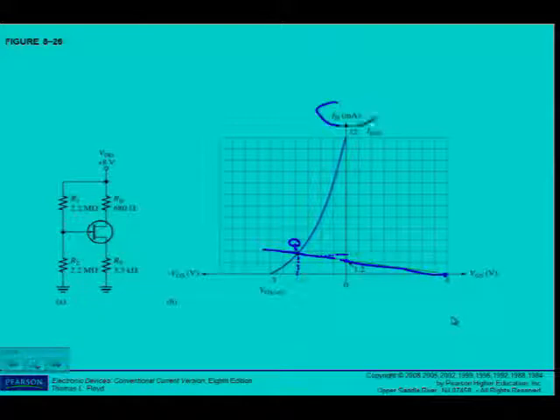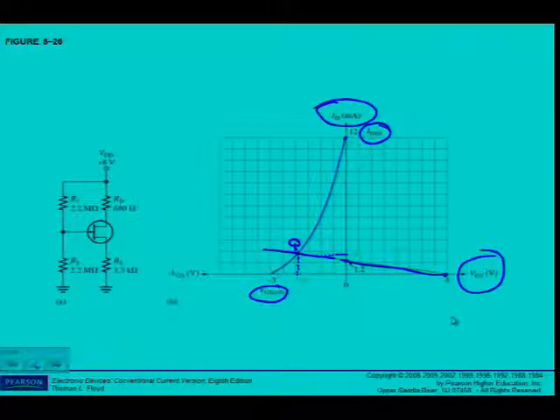You have to name the axis and what the units are: ID in milliamps, VGS in volts. And where is VGS off? Where is IDSS? Especially if you plotted the curve yourself. Then plot the curve and do your calculations and draw the load line. Show me where the Q point is. Write in the values.